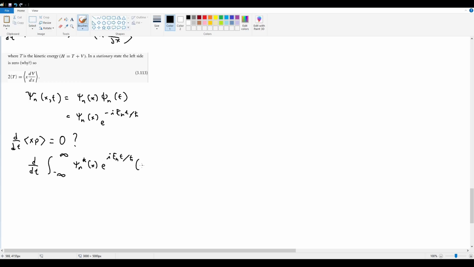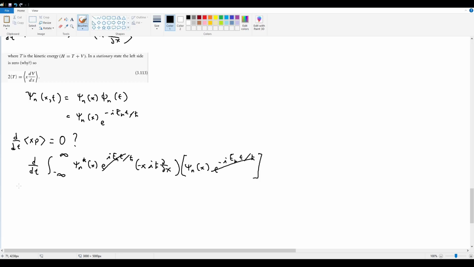So this is going to be x times negative i h bar d/dx of psi n of x times e to the negative i E_n t over h bar, where it's acting on this entire thing. Now, immediately, there is no x dependency for the complex exponential, so this thing immediately cancels out with this thing, right?